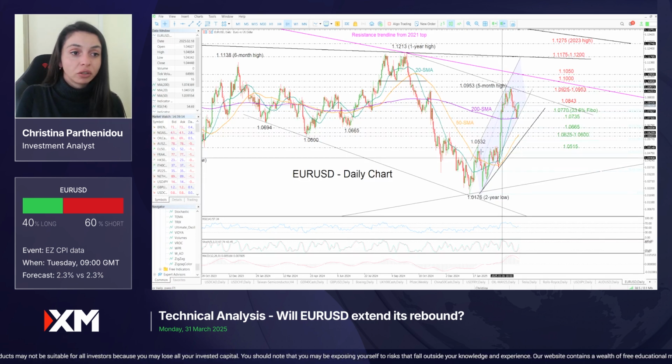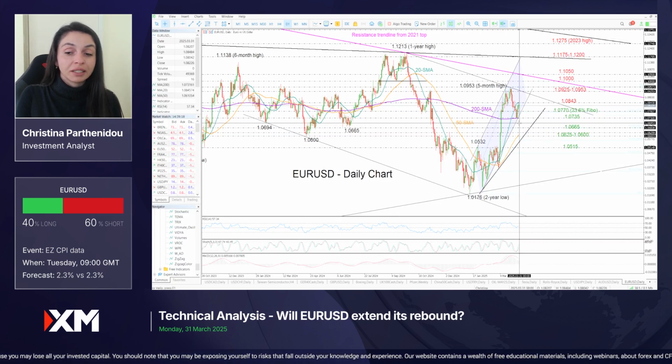So the data may not cause strong volatility in euro dollar, but a positive surprise in inflation figures could probably challenge the decision for another rate cut as soon as next month.